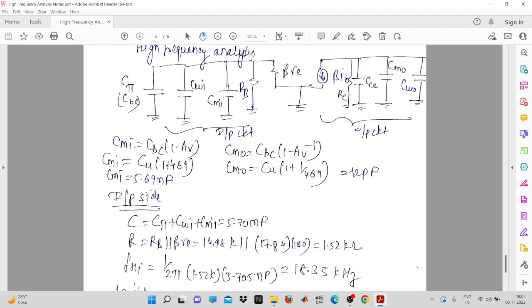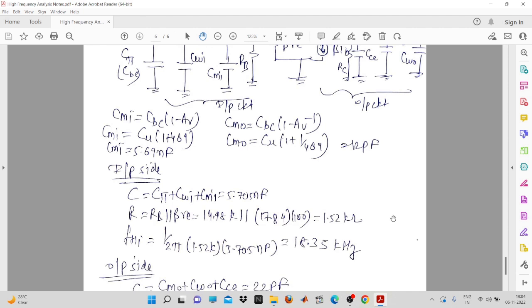Now similarly, you will have to find the equivalent resistance also. You can see here RB and beta RE both are in parallel. If you do the mathematics, you will get the value as 1.52 kilo ohms.